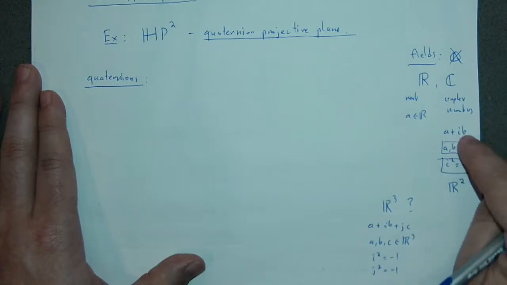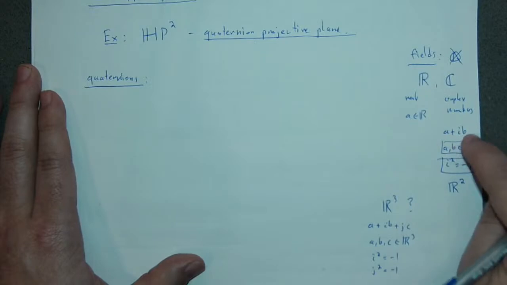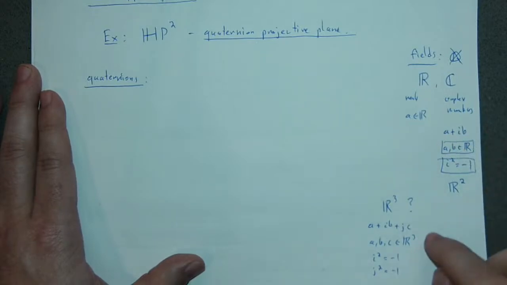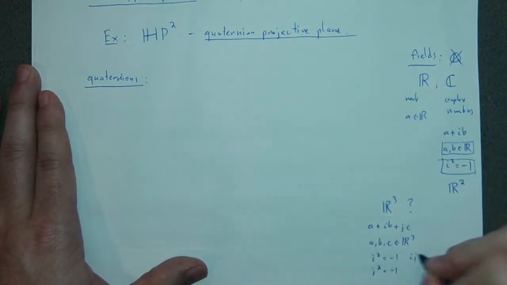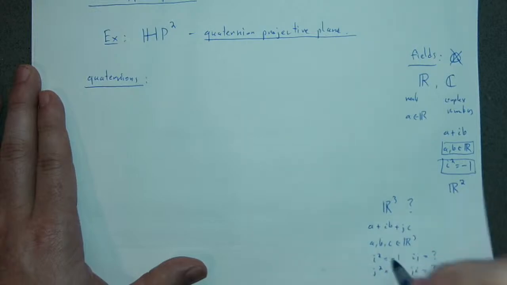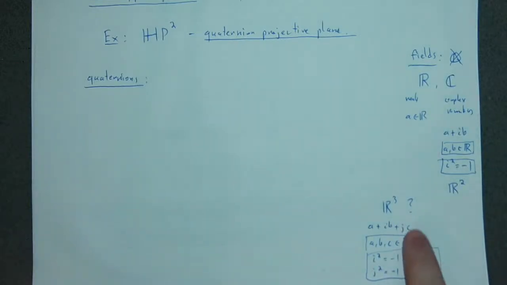If I have a term like this times just a purely real term, then I just get another term like this. And so here I have to consider the mixed term. I would have to consider ij, like what is that? Is that minus 1? Is that 1? I don't know. It's something. And then I'd also have to consider ji, because potentially that's different. But after I've assigned those rules, that covers every possible multiplication that can happen between things like this. Do I get the field axioms if I do something like this?